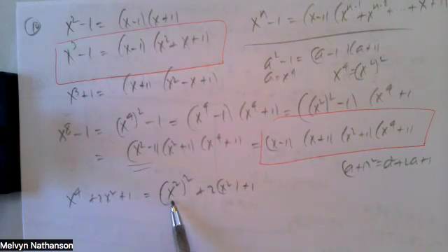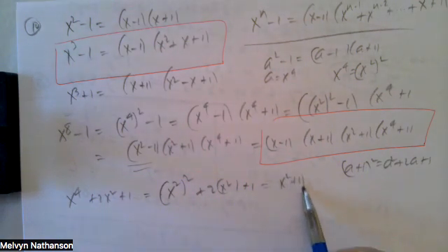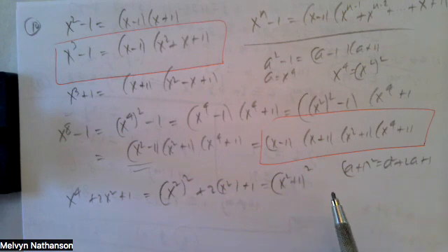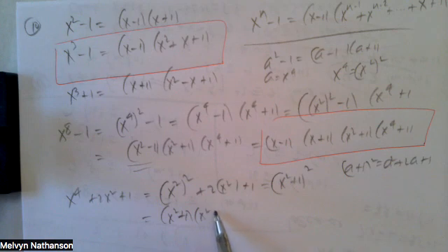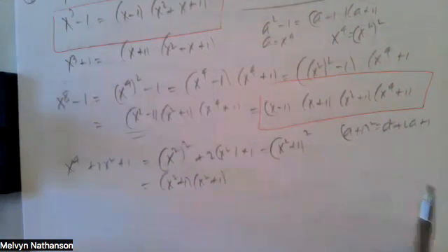So this is exactly of that form with a equal to x squared. So this is equal to x squared plus 1 squared. Or if you like, x squared plus 1 times x squared plus 1. And that's the factorization.